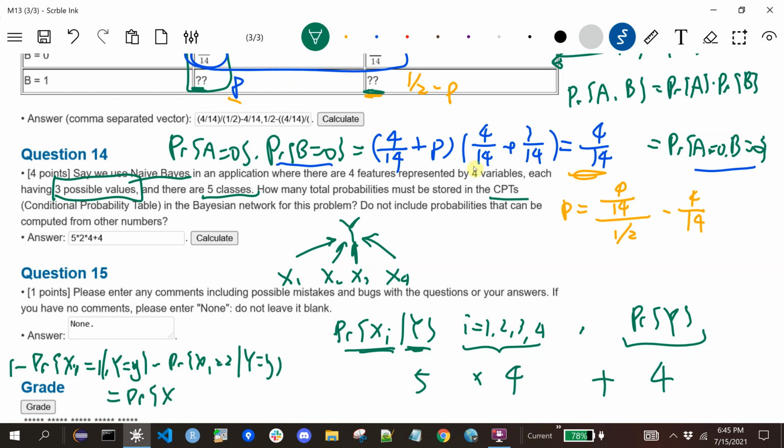You can get x1 is 3, given the same y is y. And y can be any of the 5 classes. So that means for each x variable, you only need to store these 2 numbers, and the last one can be computed. So that's why we get 3 minus 1, which is 2. So that's why at the end it is 5 times 4 plus 4.